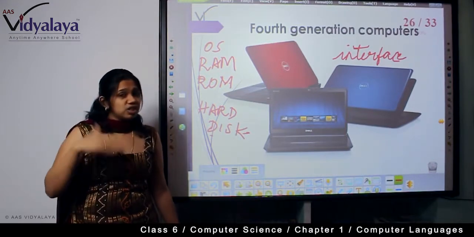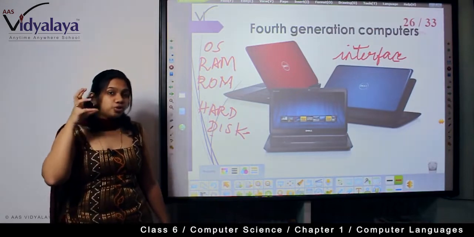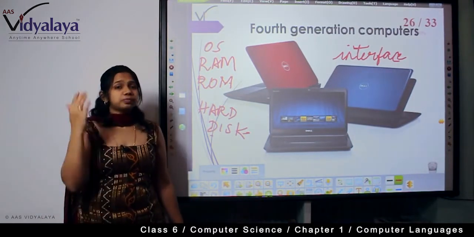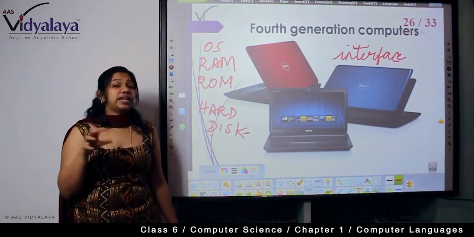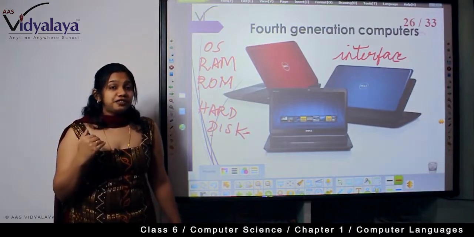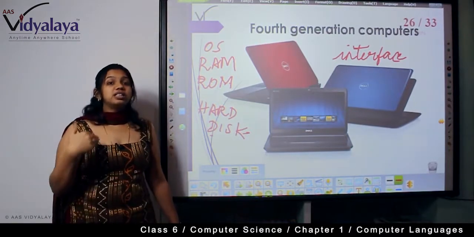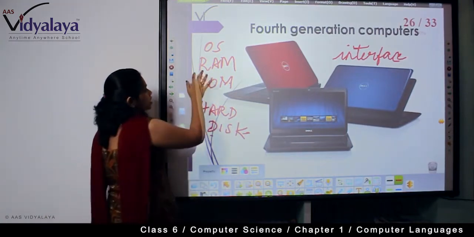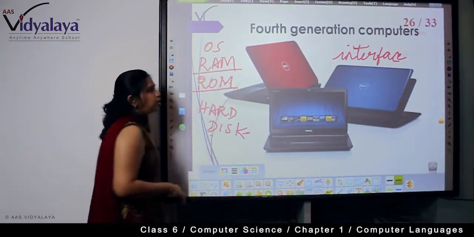All this can be done using just hand gestures. To make these hand gestures understood by the computer, we use operating systems. Operating systems are nothing but interfaces that help us in communicating with the computer. Is that clear?